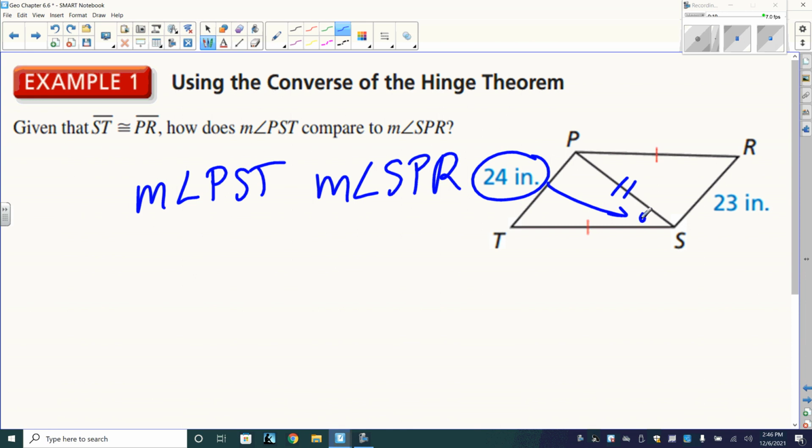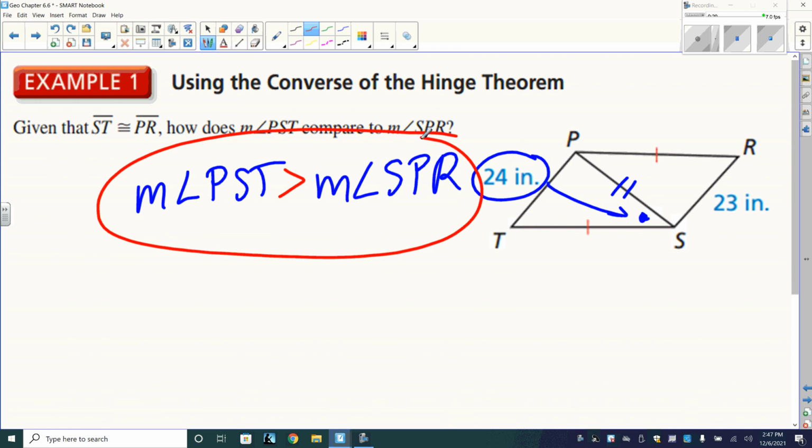So this angle here is bigger, which would be which angle? Yes, sir. We ready for the next one?